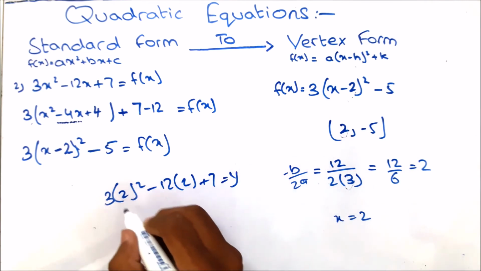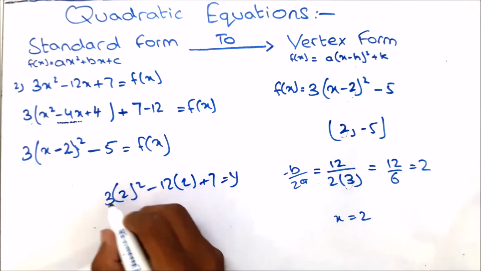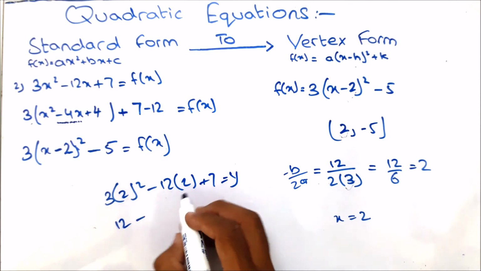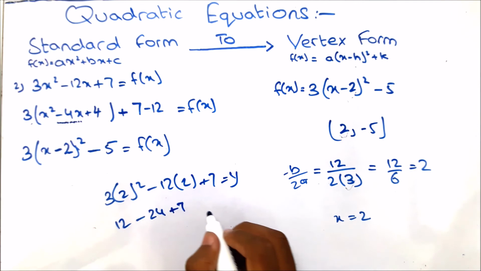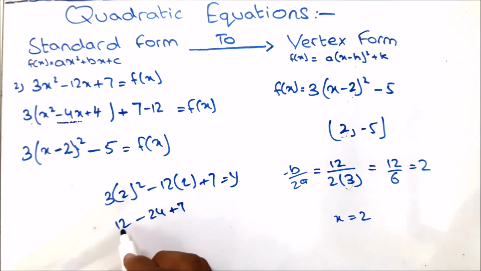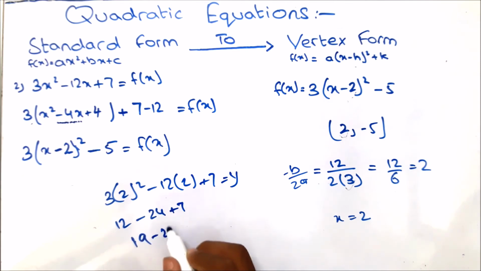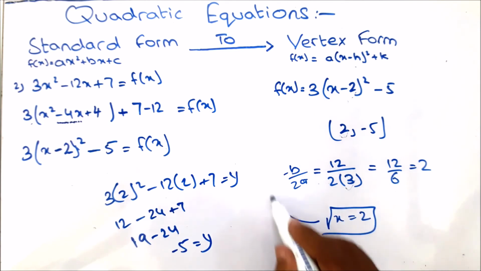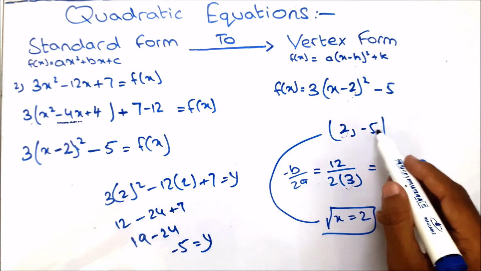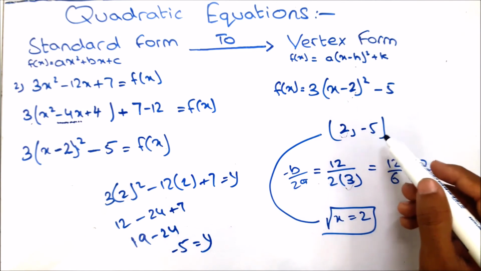We get 3 times 4, 2 squared is 4, 4 times 3 is 12, minus 12 times 2 is 24, and plus 7. Okay, let's add these terms. 12 plus 7 is 19 minus 24, and we are left with minus 5 equal to y. So we get the same answer as before, and y is equal to minus 5. That's our vertex.